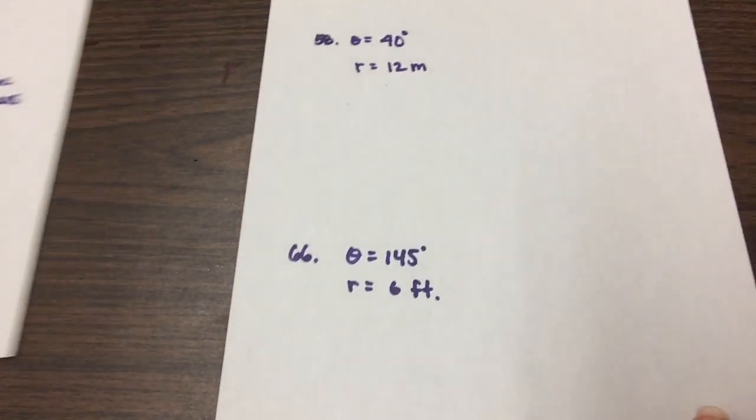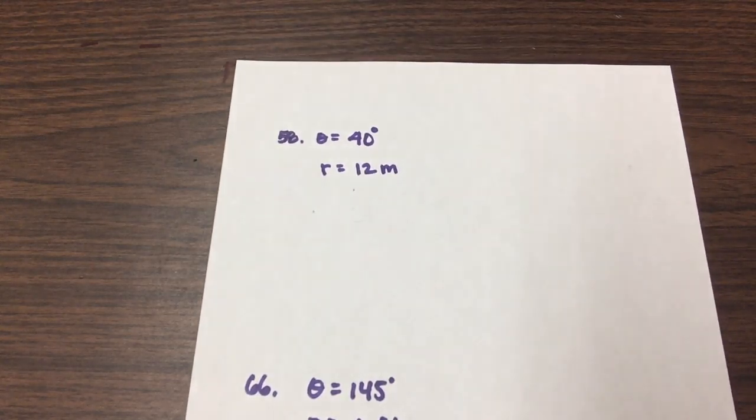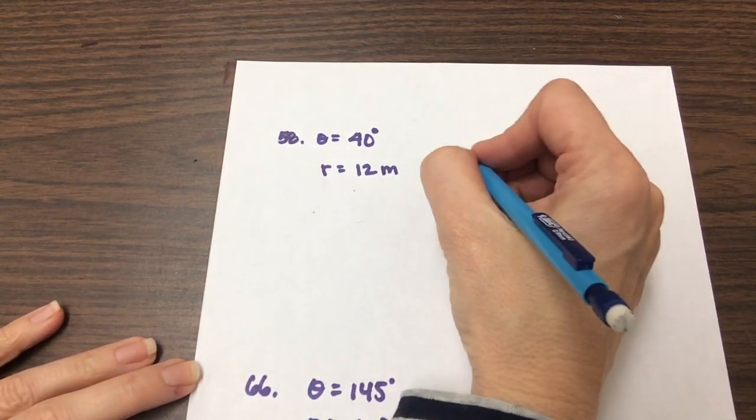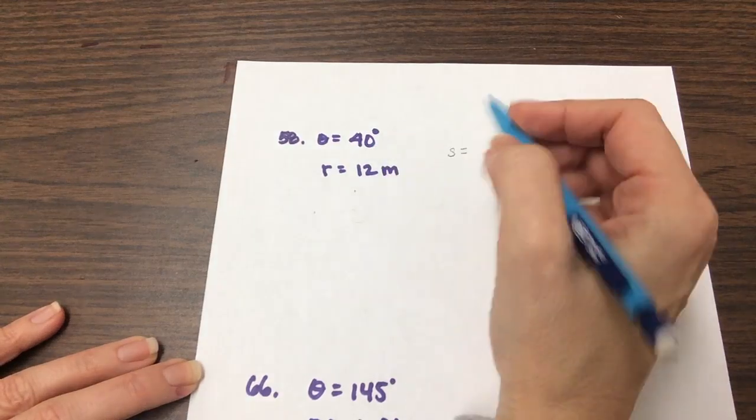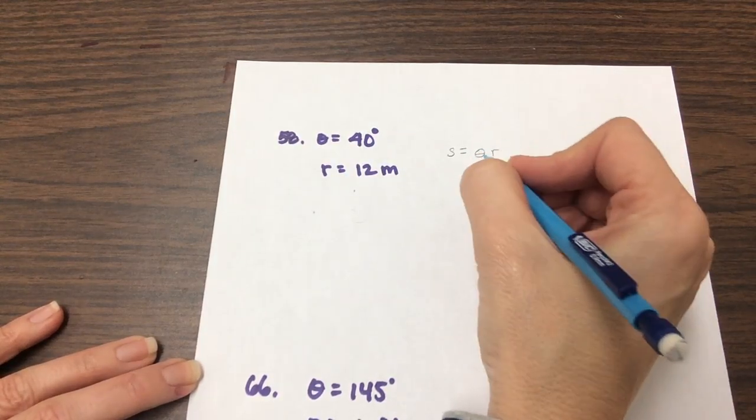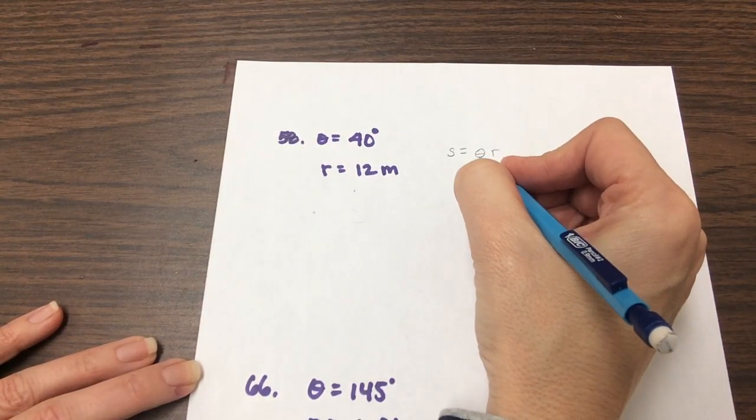Alright, so I'm going to do 3 examples from this section. In number 58, it gives me that my central angle is 40 degrees, and it gives me that the radius is 12. Alright, so it asks for the length of the arc. Well, that's S, that's what I'm looking for. I know that it's theta times r, but remember theta has to be in terms of radians.